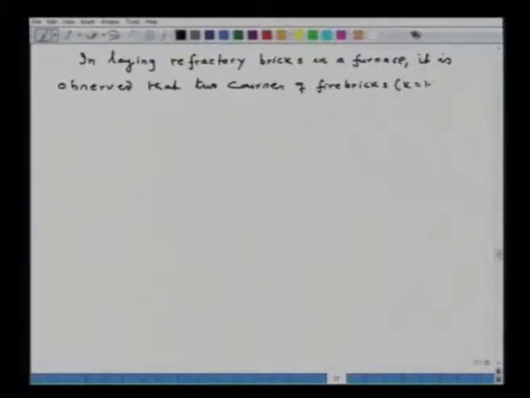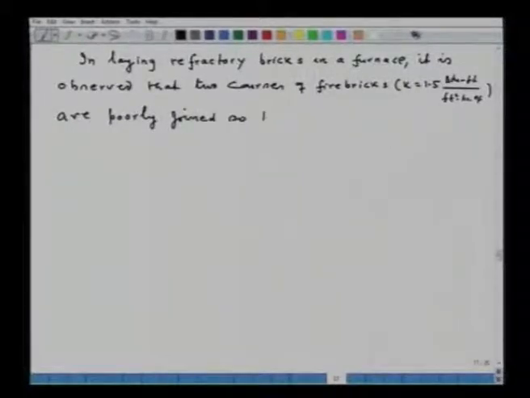with K equal to 1.5 BTU feet square into hour into degree Fahrenheit, are poorly joined, so that a 2 millimeter air gap is created.